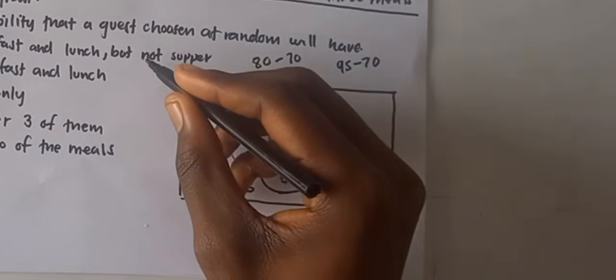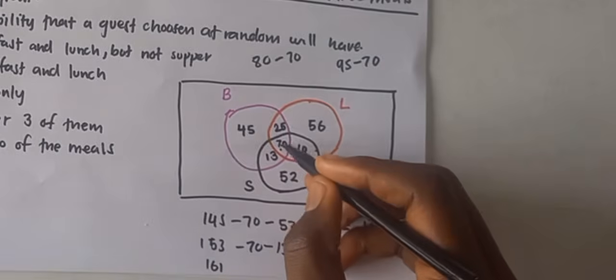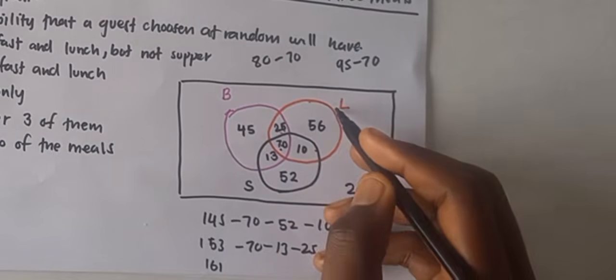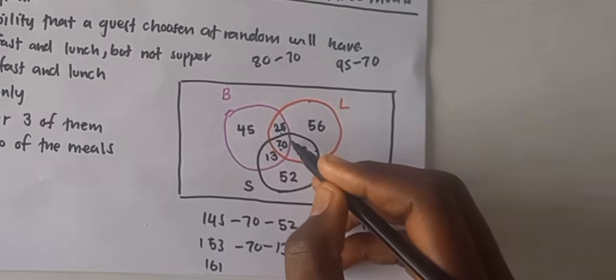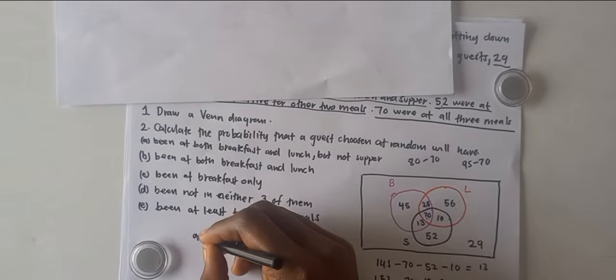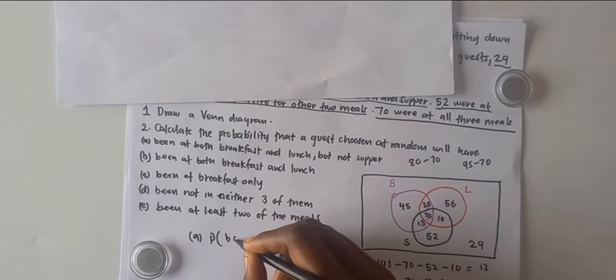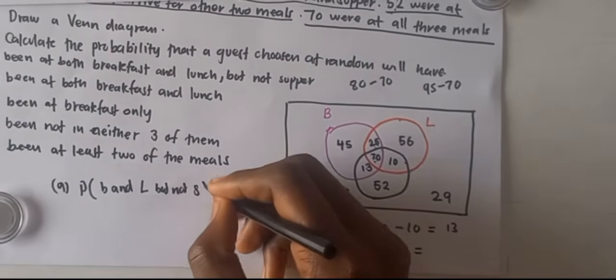They say it's not at supper. If they said also supper, we would add this 7. So it is only 25 who were at both breakfast and lunch, but not supper, which means we don't include this one here.